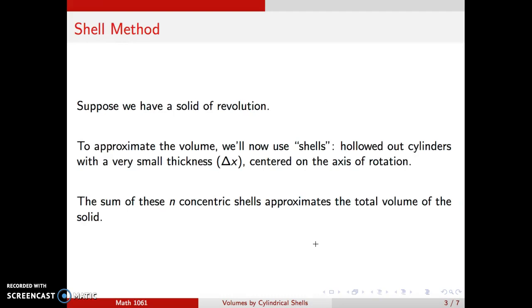So the idea is, suppose you have a solid of revolution, and to approximate the volume, you're going to use shells. What we have in mind here are objects that look kind of like this.